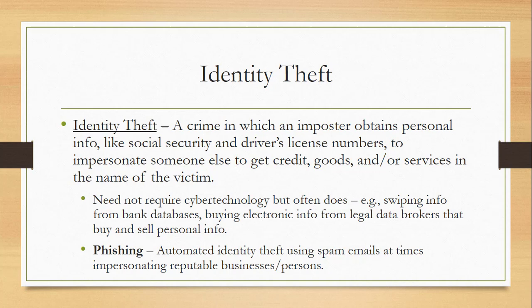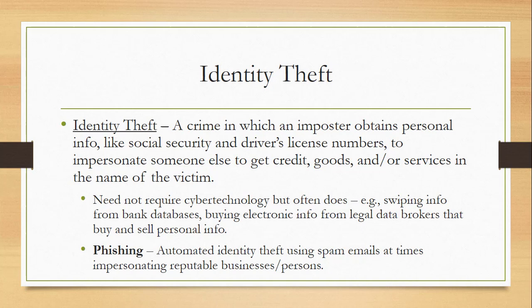And there's also this other concept that's related to identity theft. It's called phishing. Phishing is automated identity theft using spam emails, sending out mass emails. They have an automated system that just sends out tons and tons of spam emails. They're going phishing, so to speak. And at times they might impersonate reputable businesses and or persons.